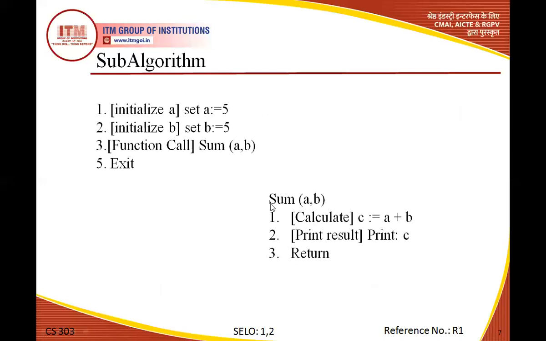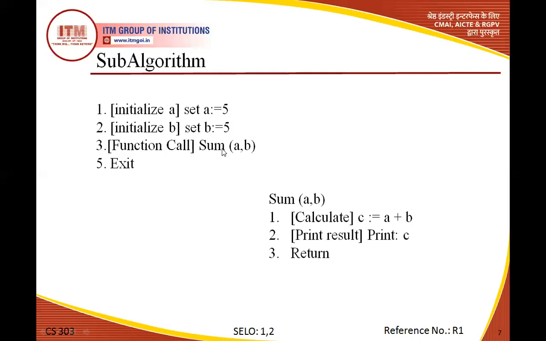You can see here, this is the main program. Here you can see set a equal to 5, b equal to 5. Then the function is called here. This is the sub-algorithm, Sum(a, b). In the main program we call Sum(a, b). Whenever you call it, we have to pass two arguments, a and b, where the values of a and b are 5.